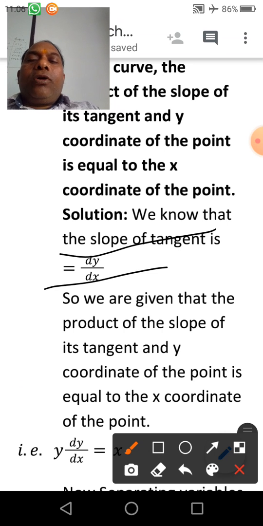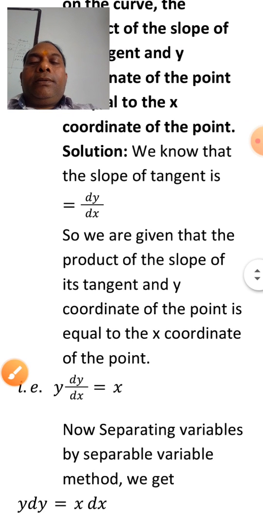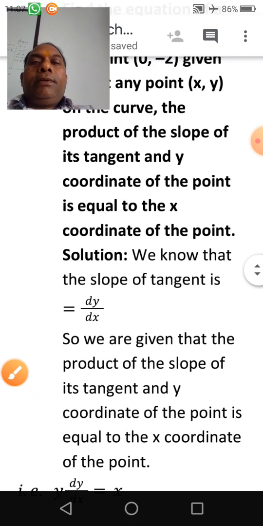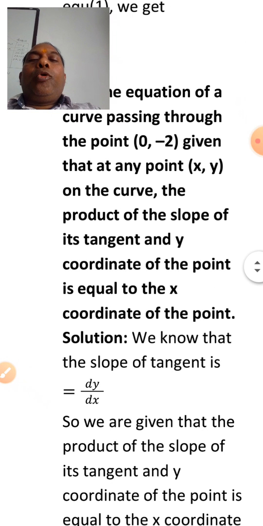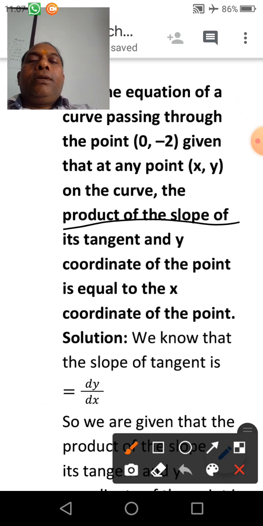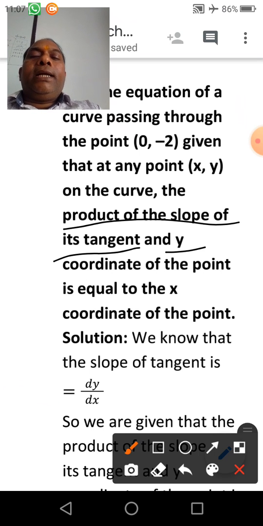and according to the question, the product of the slope of its tangent and the y coordinate of the point is equal to x.